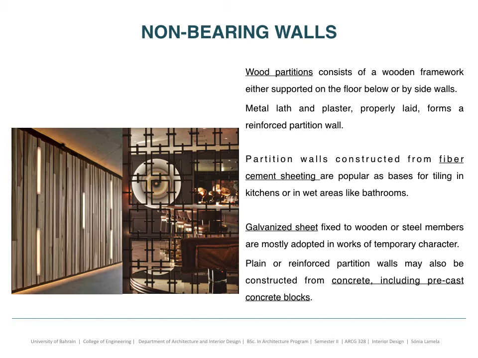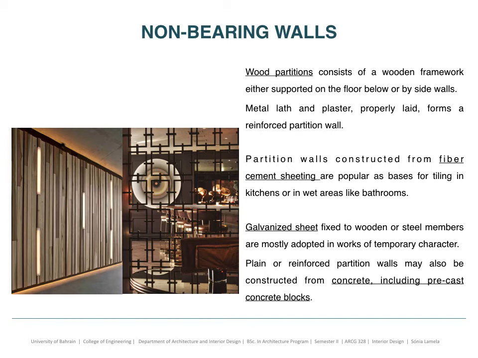Also here we can have those partitions made out of wood, and they could also be made out of fiber cement, and usually this is done in kitchens and bathrooms and wet areas because it's very resistant to humidity. We can also have galvanized sheets fixed to the wooden parts.